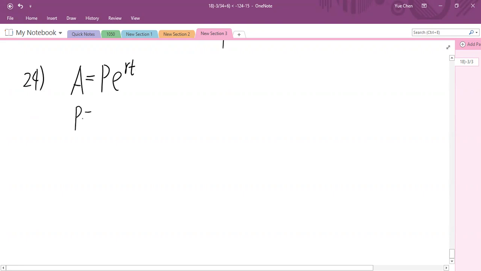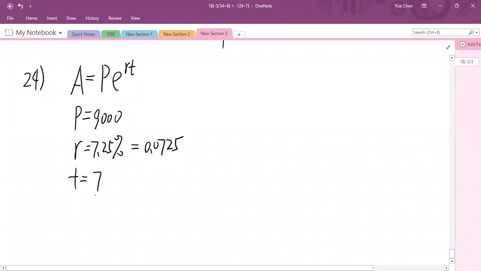Here P is 9,000. R is 7.25%, which is 0.0725. And T is 7 years. Then we plug in everything.